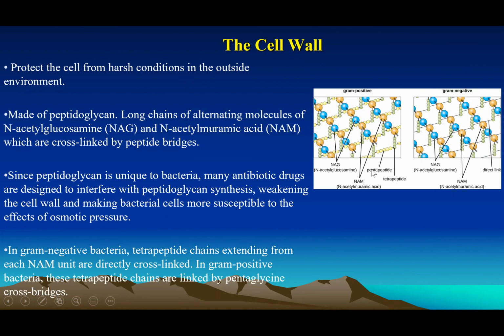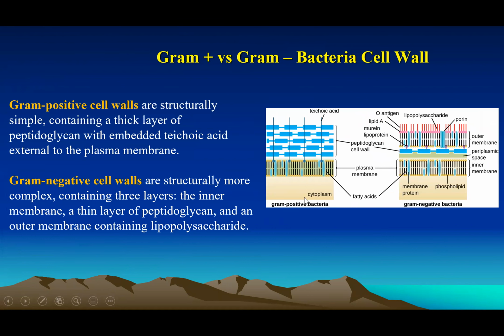In gram-negative bacteria, the tetrapeptide chains extend from the NAM unit in a directly cross-linked way, whereas in gram-positive, the tetrapeptide chains are linked by pentaglycine cross bridges. So these two vary in their cell wall structure.